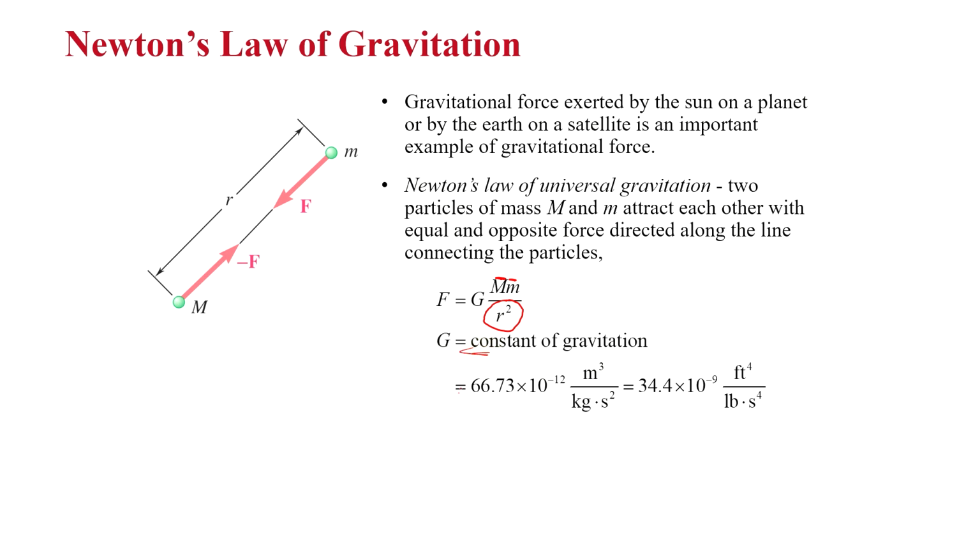This constant has a value of 66.73 times 10 to the negative 12. And the units are volume in meters cubed, kilograms per second squared. If you remember, gravity on Earth is 9.81 meters per second squared. Well, here we have meters cubed and we have kilograms.